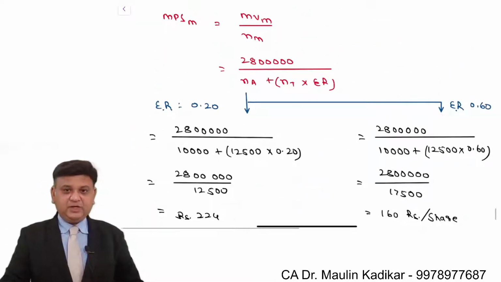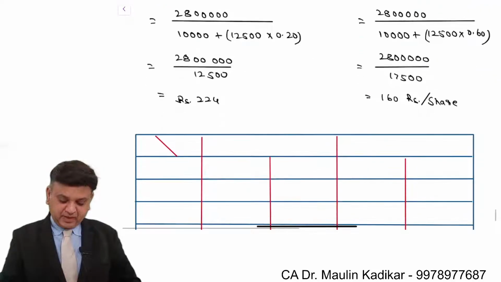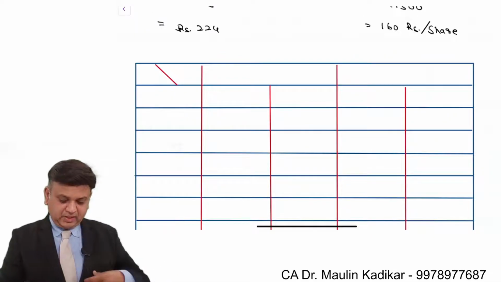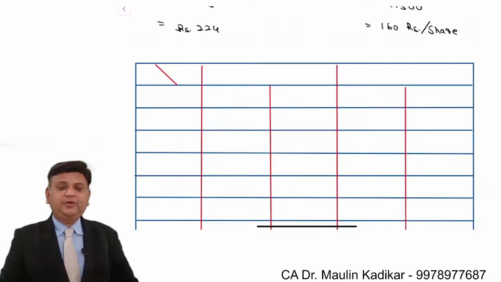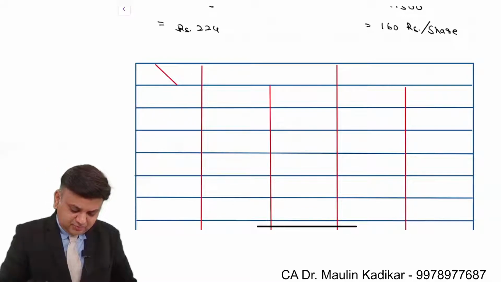This is the way we are required to make the calculation of the MPS of the merged firm for each of the exchange ratios. Okay, next, what we will do, friends? We'll make the calculation of the profit or loss to the shareholders of both the companies for each exchange ratio.